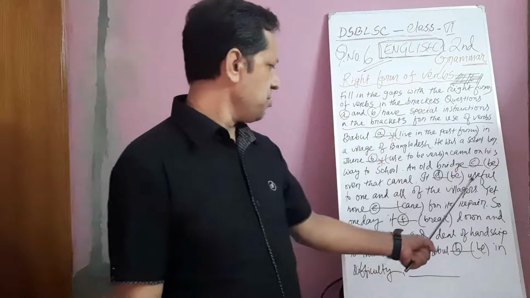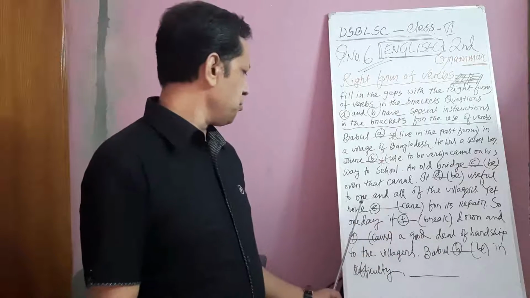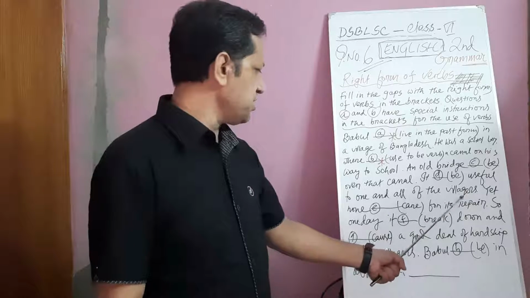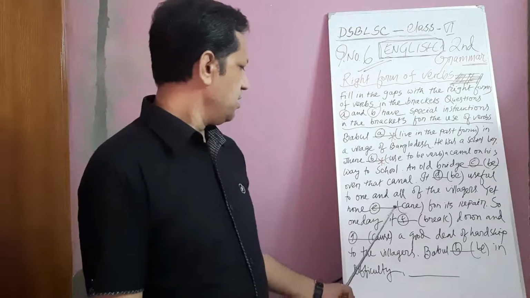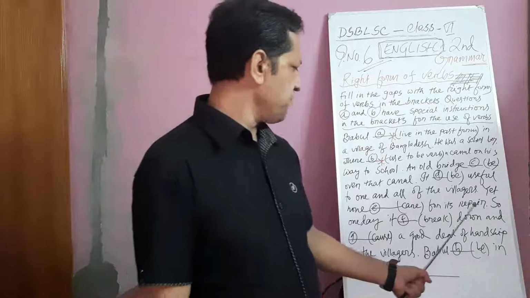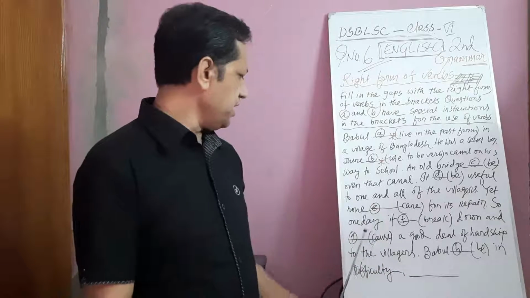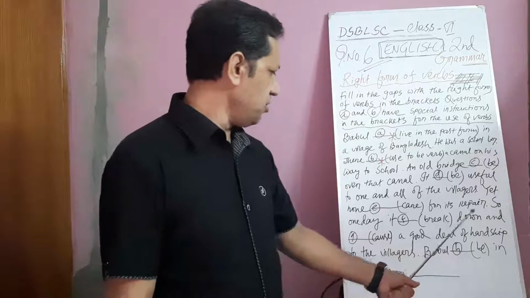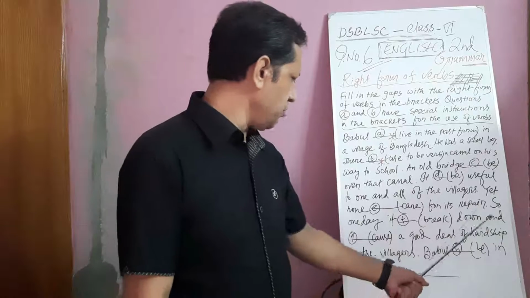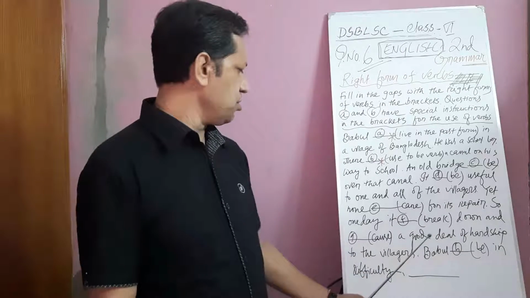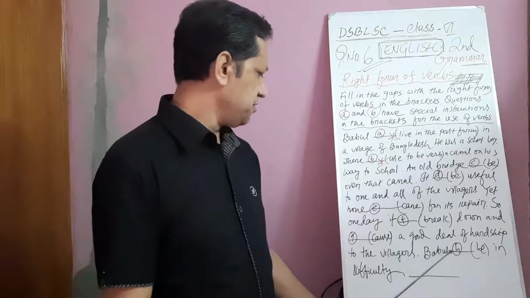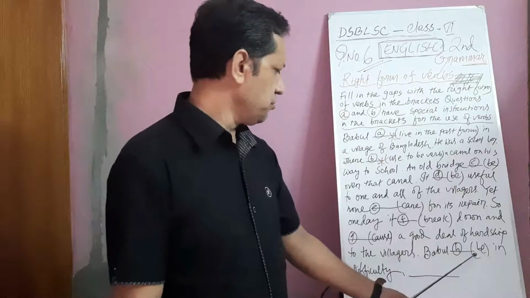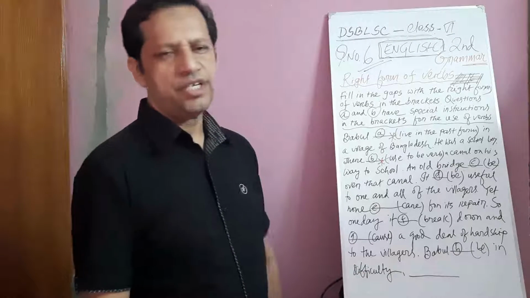It be useful to one and all of the villagers, yet none gap for its repair. So one day it down and caused a good deal of hardship to the villagers. Babul be in difficulty.